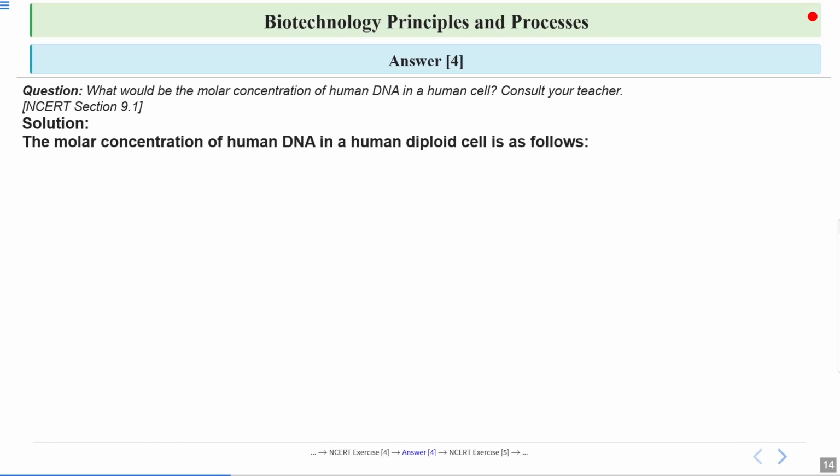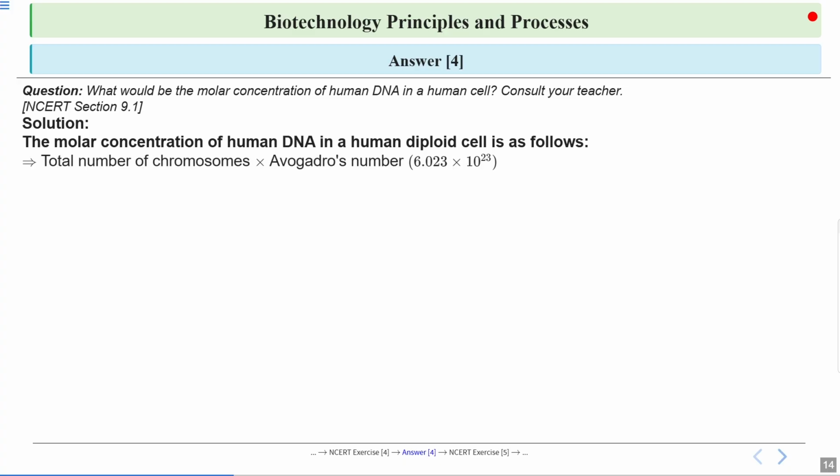The molar concentration of the human DNA in a human diploid cell is as follows. As you all know, the human body is diploid. Only the gametes formed in the reproductive organs are haploid, right? So you have to find out the molar concentration of human DNA in a human diploid cell.